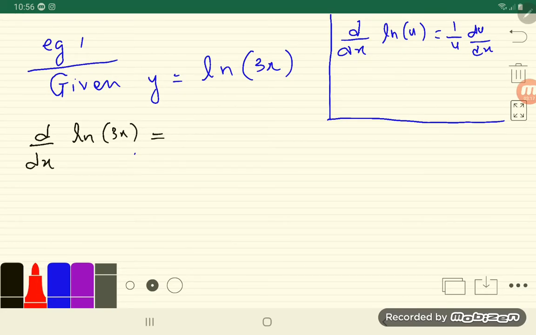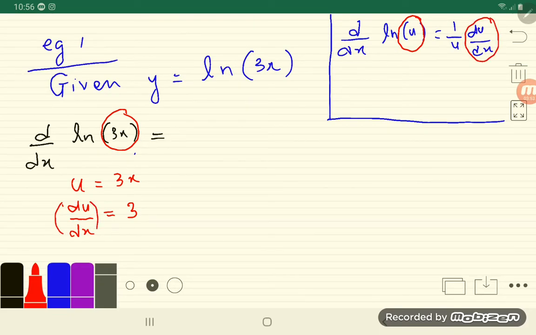By doing the comparison here, we can see that the value of u is now equal to 3x. Then we can use this value to find du over dx, where if you differentiate 3x, we are supposed to get 3 there.